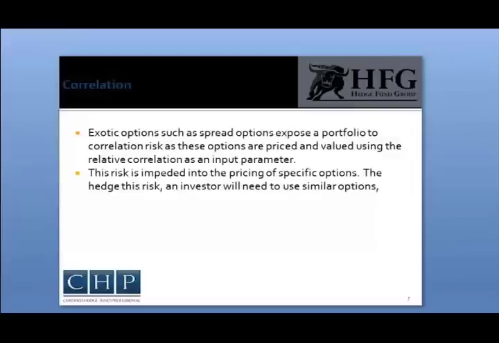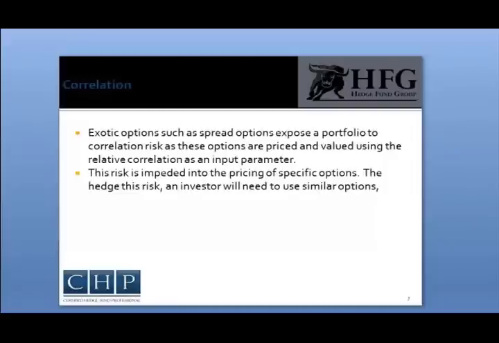Correlation risk comes from exotic options such as spread options, which have exposure of a portfolio to the correlation of these options and are priced and valued using the relative correlation as an input parameter.